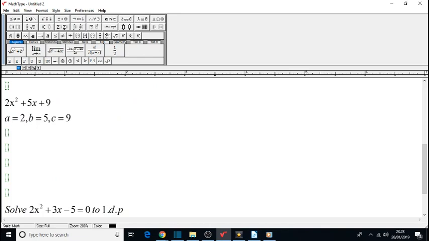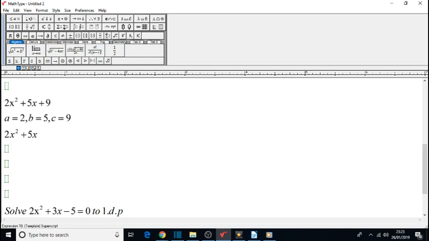So let's establish the coefficients we need to match. We need to match 2x squared plus 5x. That's what we're trying to match.